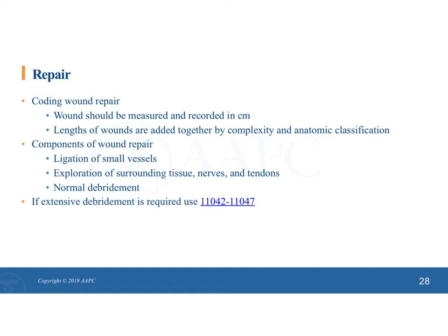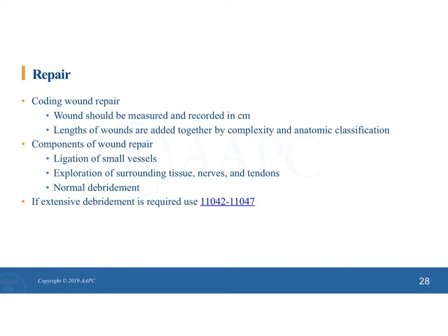Here are the instructions for coding wound repairs. Number 1, the repaired wounds should be measured and recorded in centimeters. Number 2, the length of the wounds are added together by complexity and anatomical location.